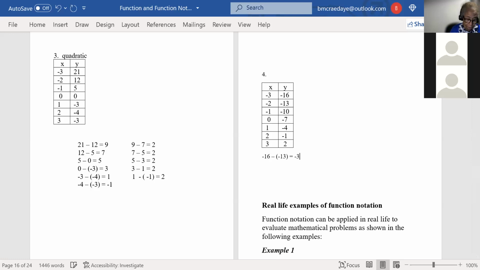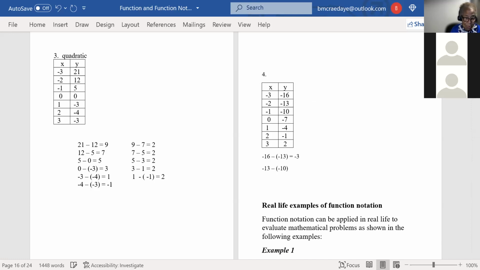Very good. Now, what would be the next one I would put? The next one is minus 13 minus a minus 10.